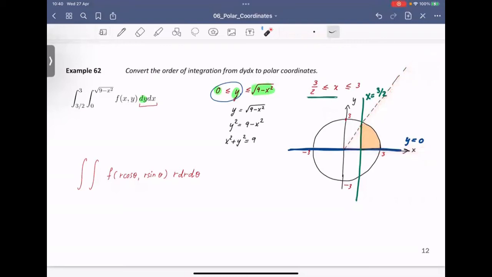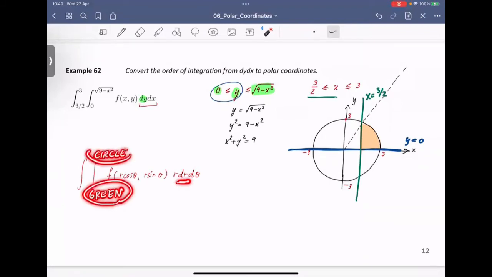Let's start from r first. So how do I work with r? To get this region, you're going to start from the green line and then you hit the circle, right? So the lower bound of r here must be the green line, and on the top here must be the circle.